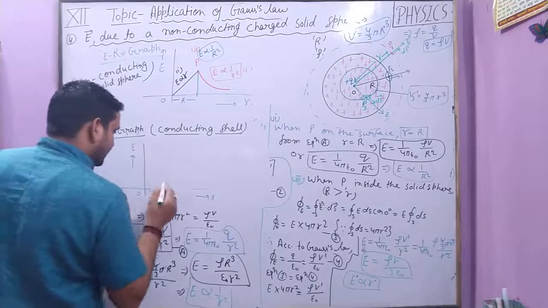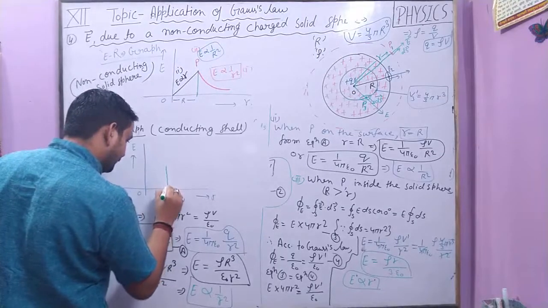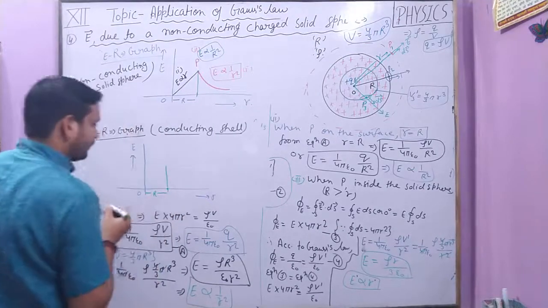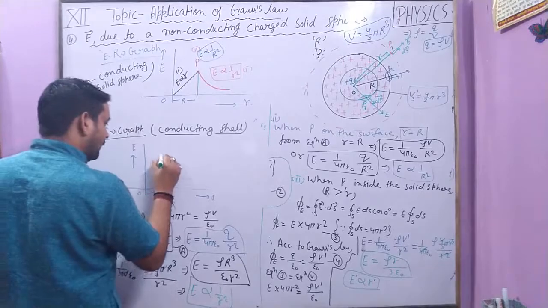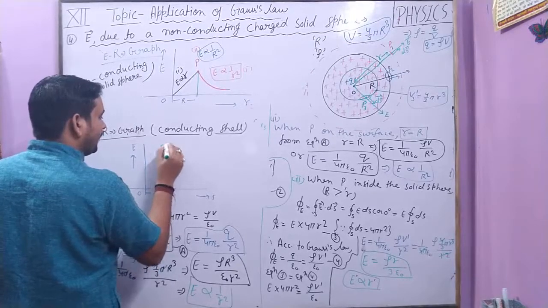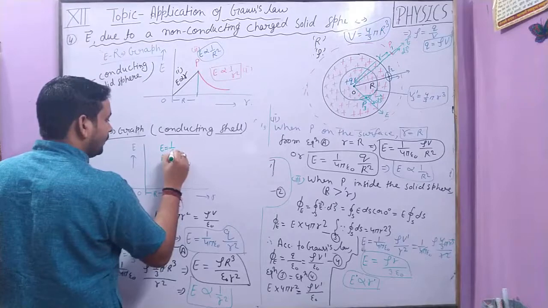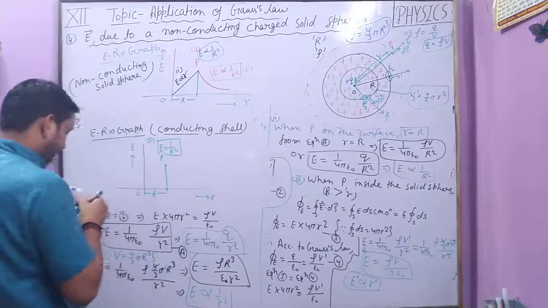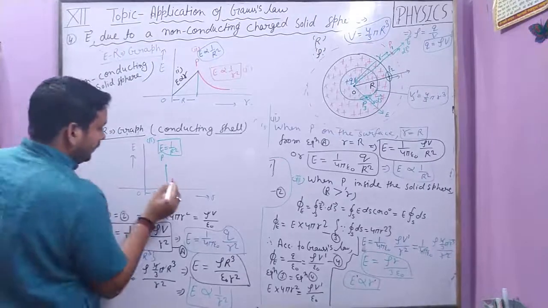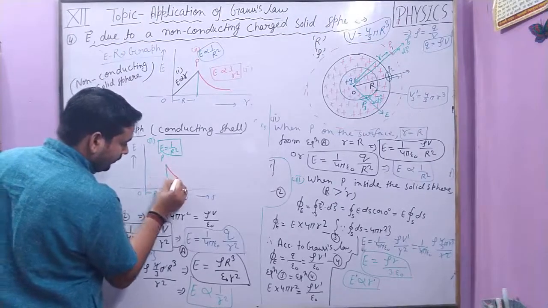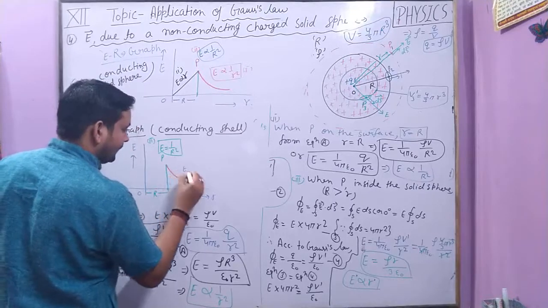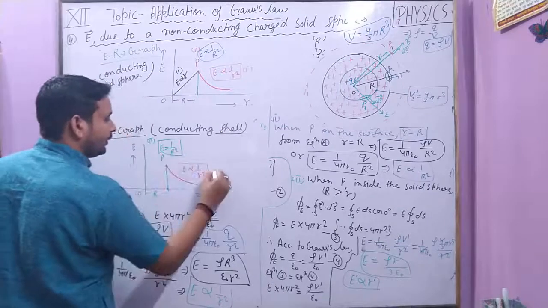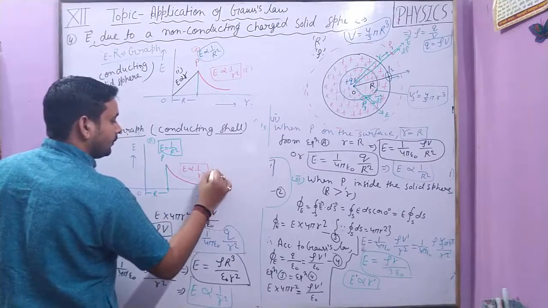We have this radius, and here is point P on the surface. We calculate it is equal to 1 upon r square. Case second. Case first, we observe this, which is 1 upon r square. Okay, this is case first.